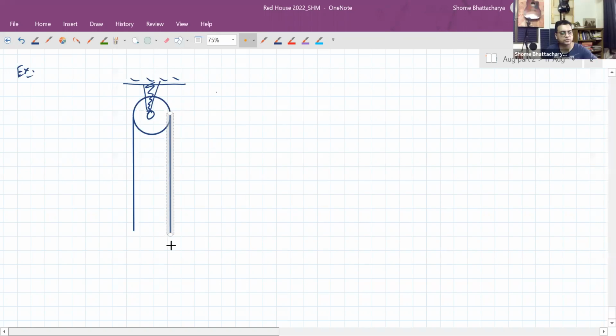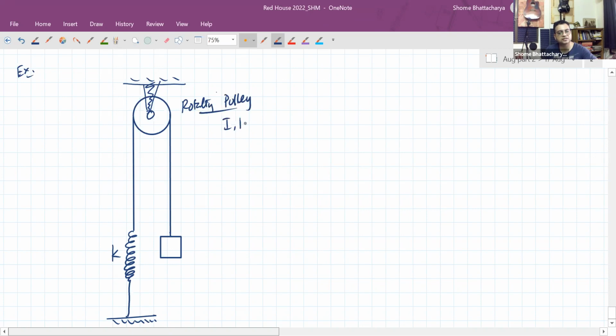So, a massless thread going around the rough surface of a heavy, rotating pulley. On the other side, the string is attached to a spring, which in turn is attached to the ground. This is a rotating pulley, which has moment of inertia I and radius R. This is a block of mass m.